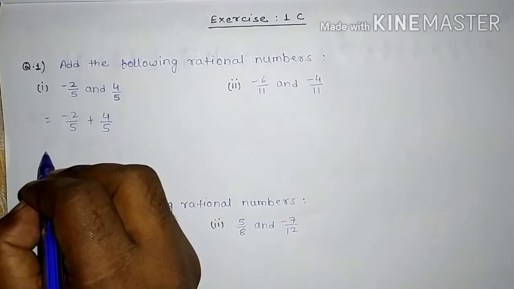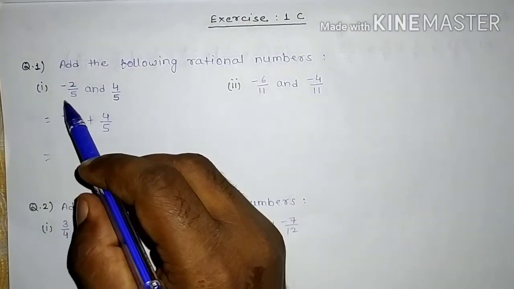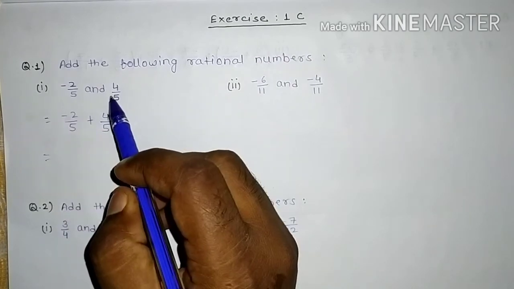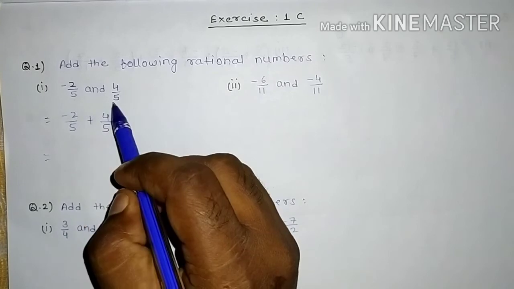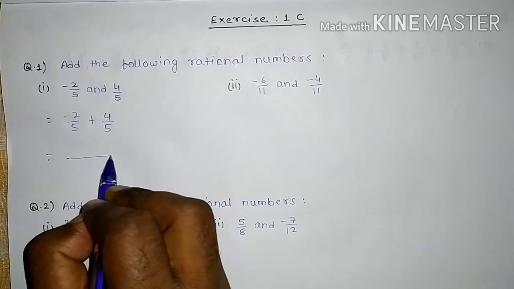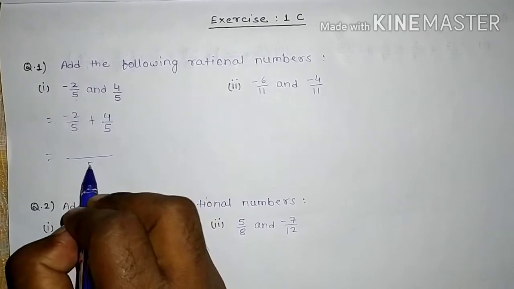Here the denominator of the two numbers is same, 5 and 5. So here we have to take LCM. The LCM of 5 and 5 is 5, we know that.